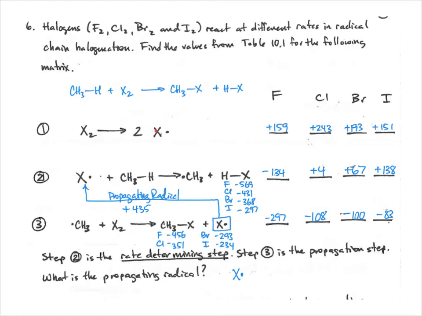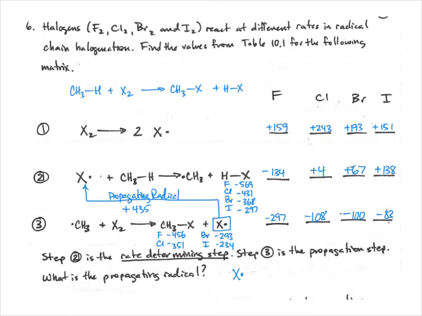We have initiation, which is cleavage of the halogen to the halogen radical. In propagation, the halogen radical abstracts the hydrogen from methane, generating the methyl radical plus our HX. The methyl radical then reacts with a second equivalent of the molecular halogen to generate our product, the halomethane, and this is the propagating radical.